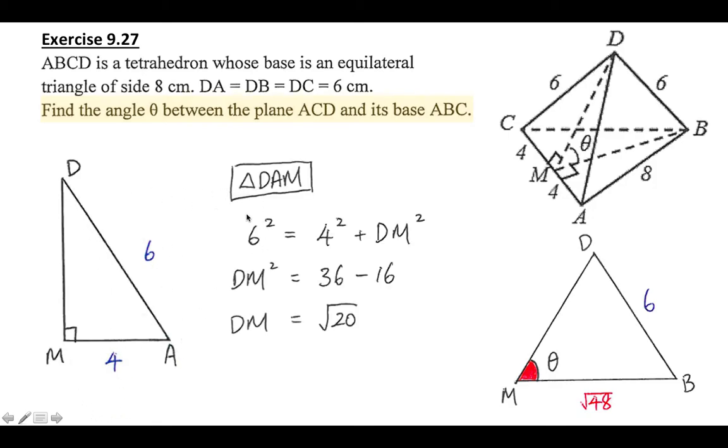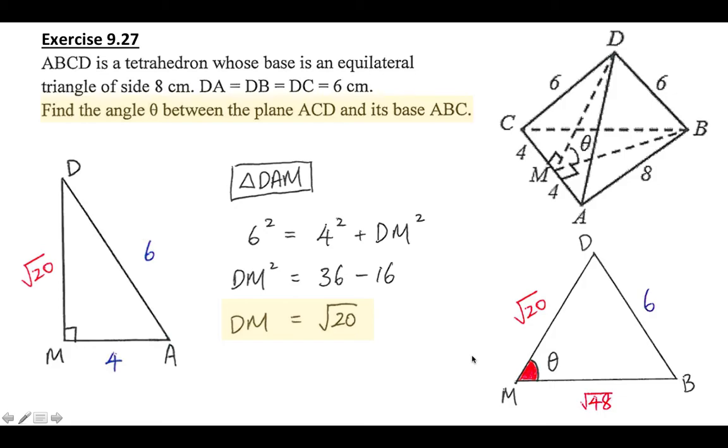Likewise, applying Pythagoras theorem to the triangle DAM, I have 6 squared equals 4 squared plus DM squared. Solving for DM, I have square root of 20. So square root 20 is the length of DM. Transferring the length of DM over to the triangle over here, the length of this side of the triangle DMB is square root 20.